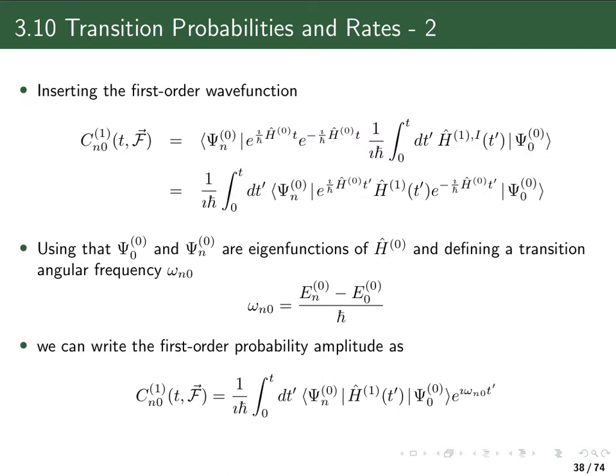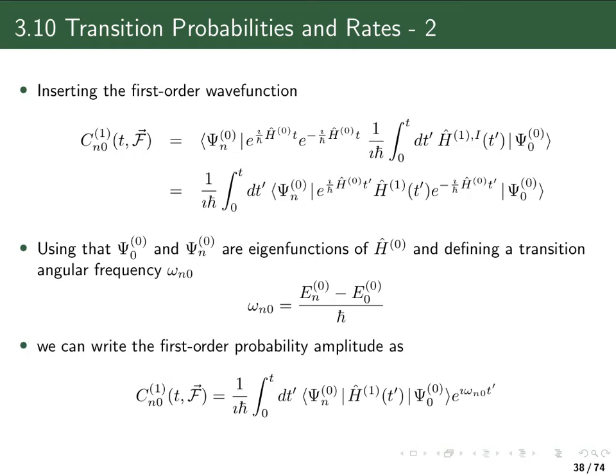The first thing we can see is that these two exponentials cancel each other. The product of those is 1, so they go away. Then I can move the integral over t prime outside of my integral here, because the Dirac notation integral is an integral over positions and maybe spin of electrons, whereas this is an integral over time, so I can interchange them.